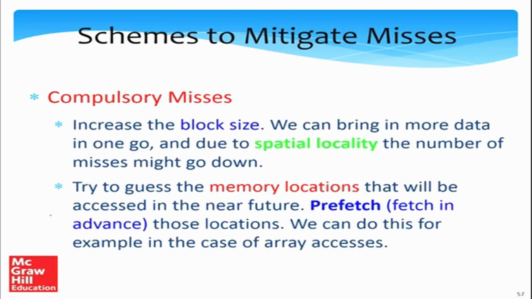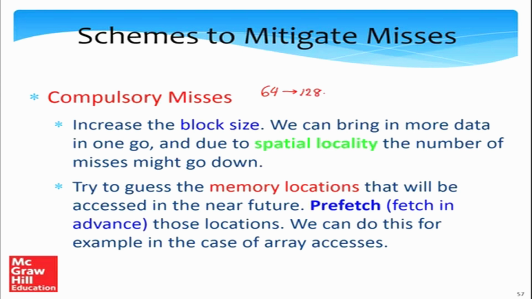So let us look at schemes to mitigate misses or to reduce the number of misses. So compulsory misses, what is the idea? One way of reducing this is we can increase the block size. So let's say instead of a 64 byte block size, I make it a 128 byte block size.